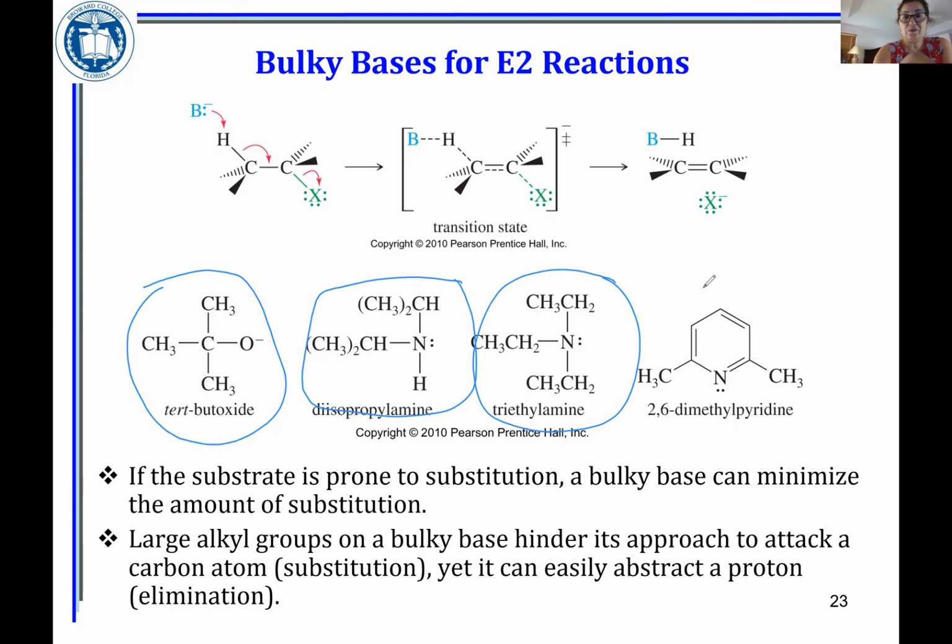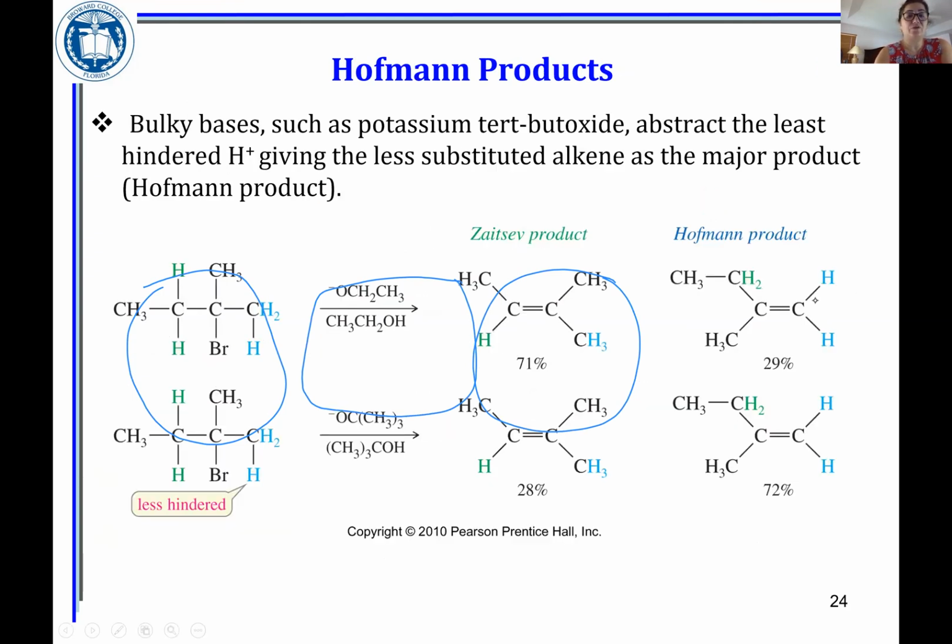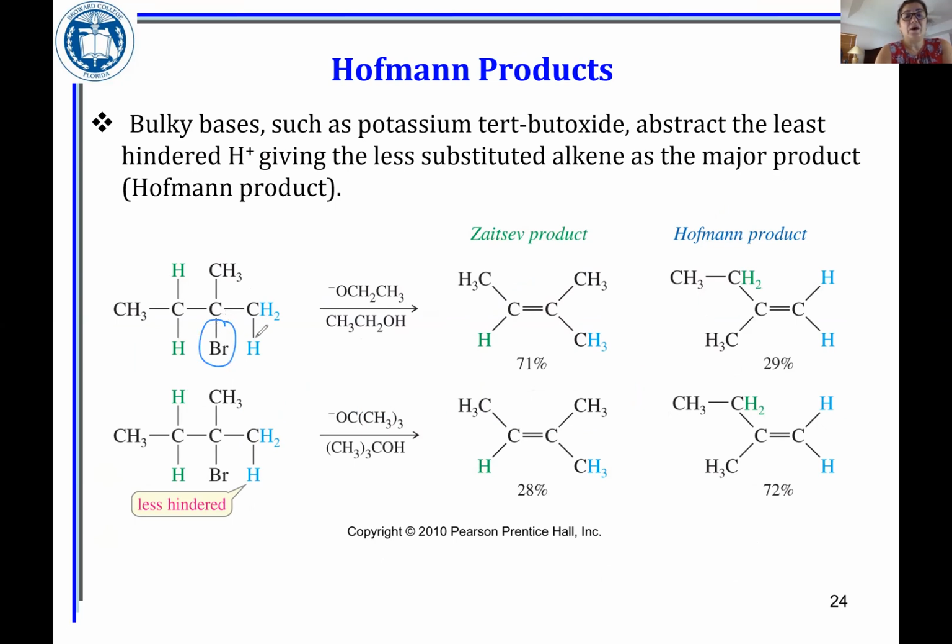If your molecule has more than one possible hydrogen to be removed, okay? In this case, bromine is leaving, so you have hydrogen on the right side, the blue color, or hydrogen on the left side, the green color, to be removed by the base. It depends on the nature of the base.